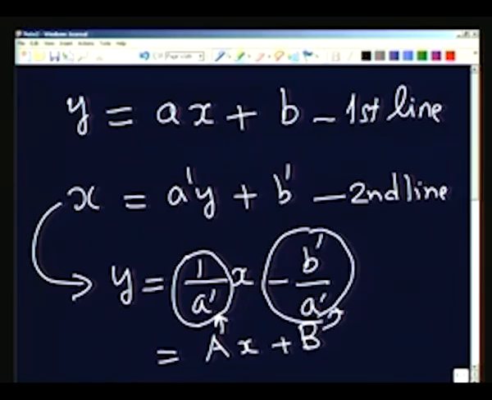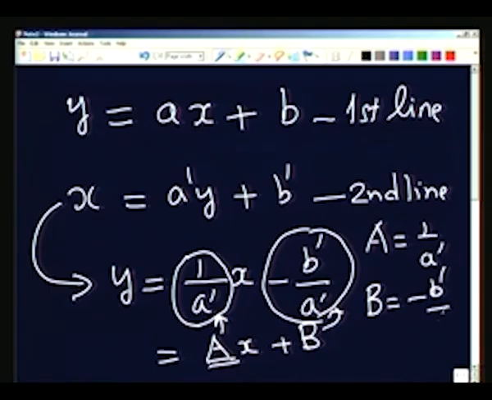All right. So what I am saying is, it is possible to relate the x and y in a different form by writing x equal to a prime y plus b prime, which is equivalent to writing in the form y equal to a x plus b, where a is 1 over a prime. So we will just write it here, a equal to 1 over a prime, and this b is minus b prime by a prime.